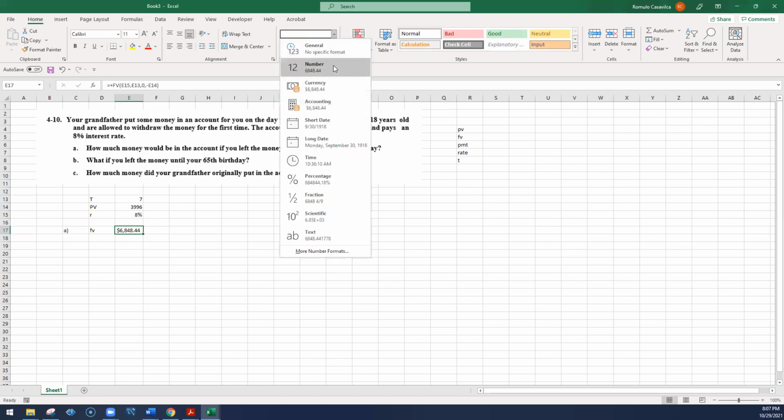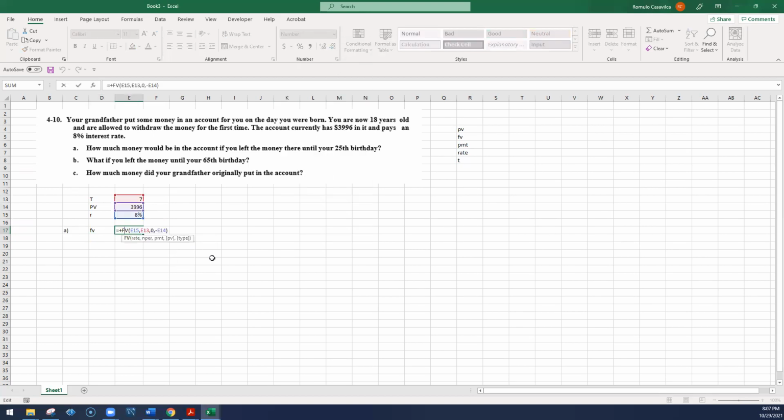I have a question. Why do you have to put a negative sign in front of the present value? It's the same thing on the calculator. Negative means that it's an outflow. So you're depositing. When you deposit, it's an outflow. That's why you express it as negative.